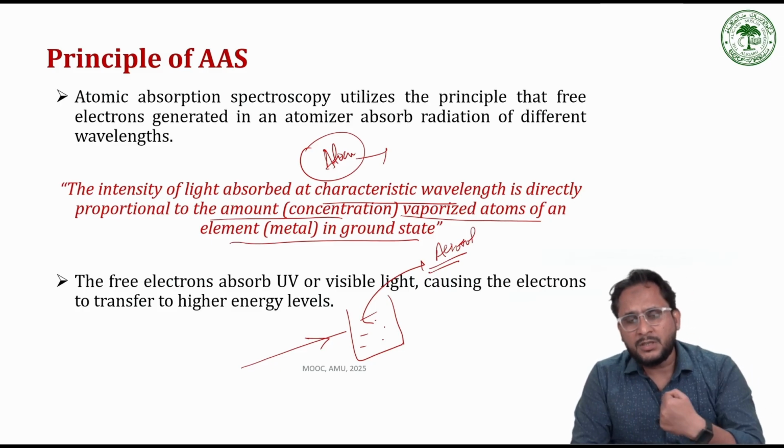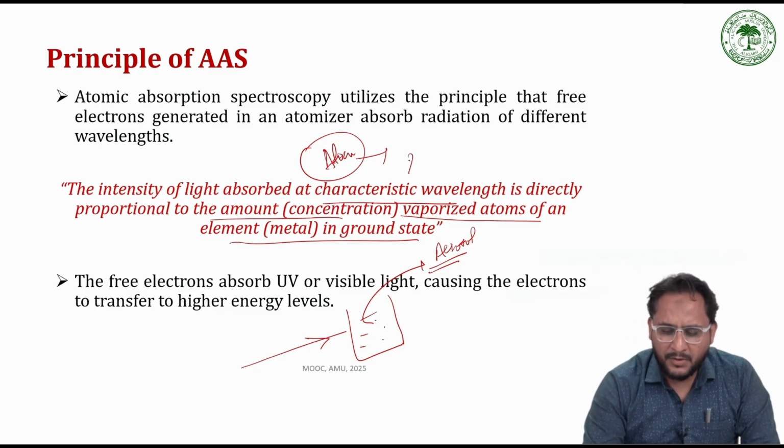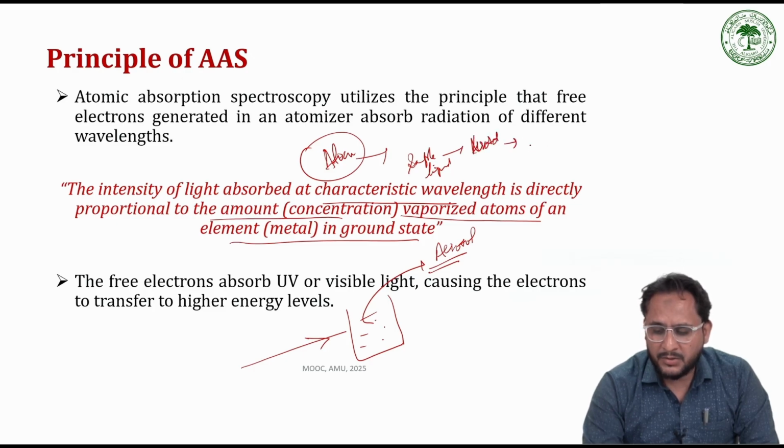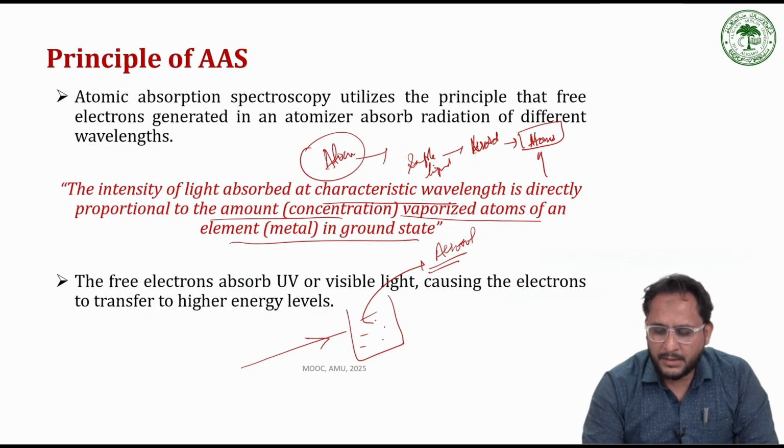For atomization, instead of using the liquid sample directly, we first convert it into an aerosol, and then we heat the aerosol so that it gets converted into individual atoms. Then those atoms are excited by incident radiation, resulting in an absorption spectrum.